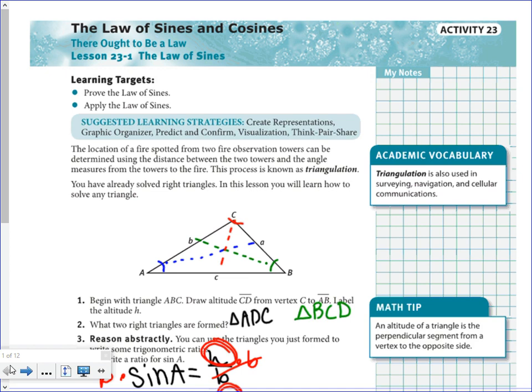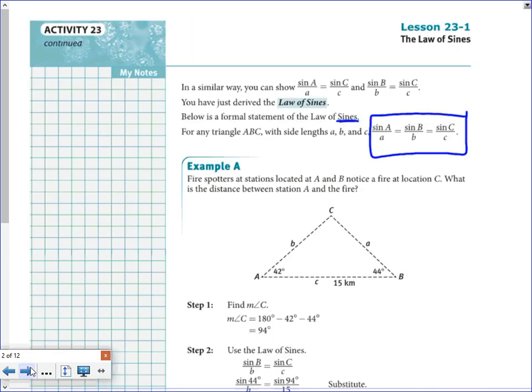So you don't have to specifically use A, B, and C in this law of sines. However, you do need to make sure that your opposite angle and side are in one ratio. That's a pair, an angle and a side. You need to make sure that pair is in the correct position.